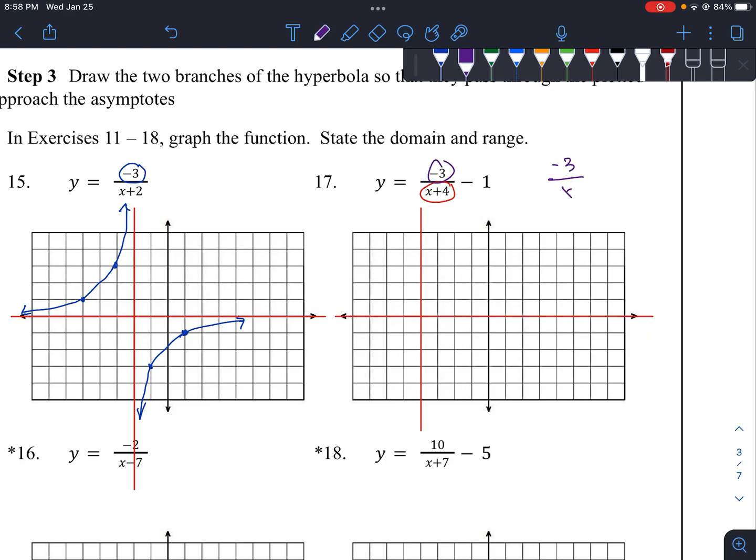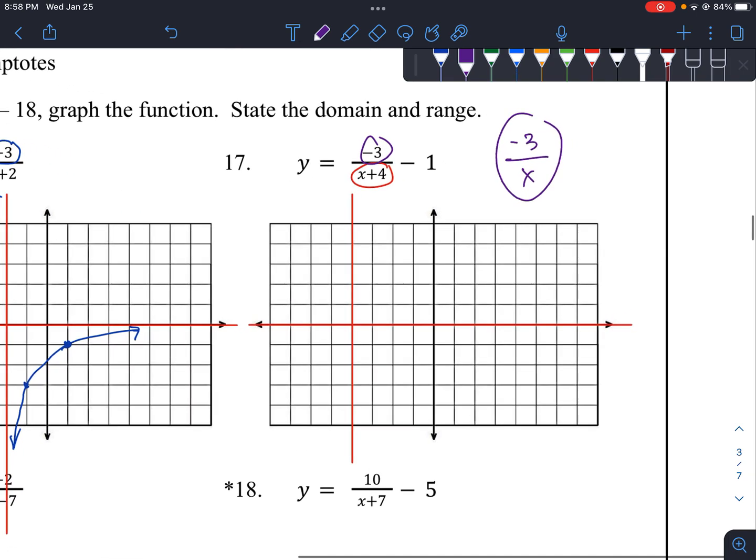Now look at my numerator, and it's negative 3 over x. If I were to compare it to a parent function, well, negative means it's going to be in these quadrants right here. And because it's 3, I take the point that's right there, that would have been from 1 over x, and I'm going to stretch it by a factor of 3.